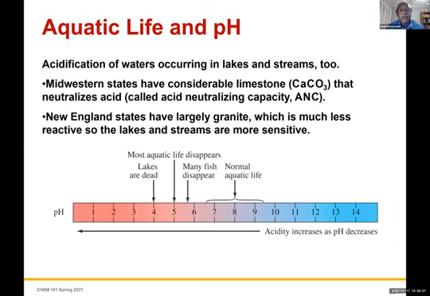Most lakes are dead around pH 4. Therefore, this acidification of lakes and streams is a problem. Same as the oceans, it will cause coral reefs to disappear and calcium carbonate creatures to dissolve, reducing aquatic life in both oceans and lakes.